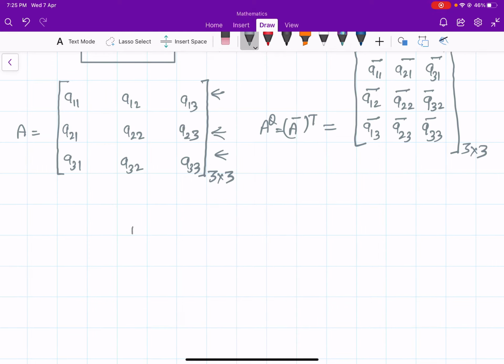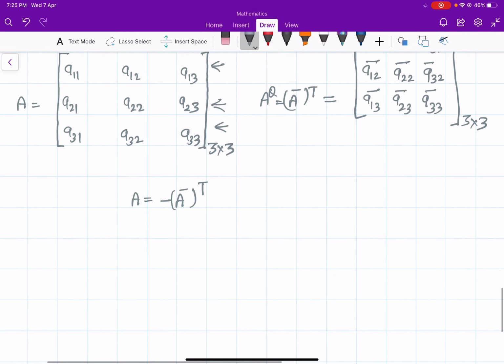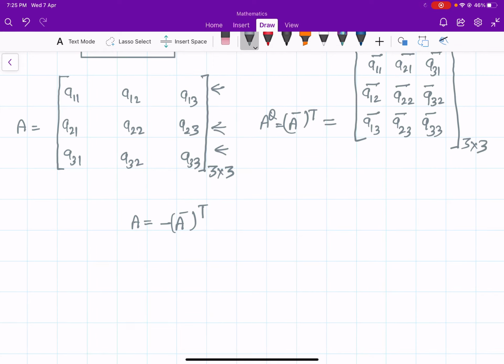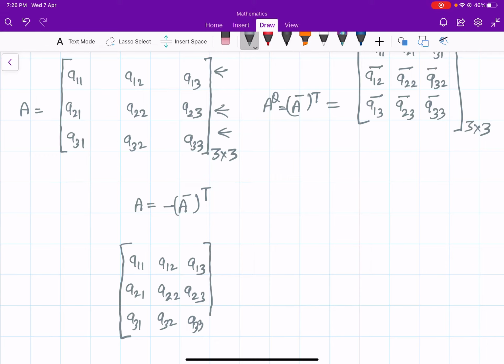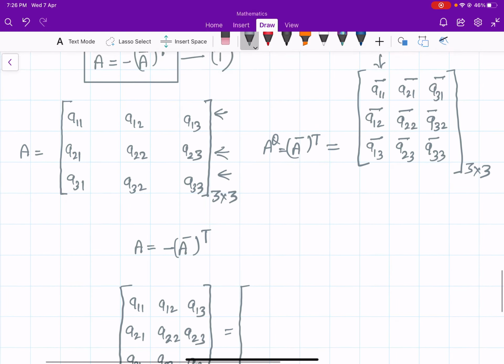So the skew Hermitian condition says it will be minus of its transpose conjugate. So this will be minus of A transpose conjugate. Now if we put, we can write here A11, A12, A13, A21, A22, A23, A31, A32, A33. This matrix is equal to minus of A theta.